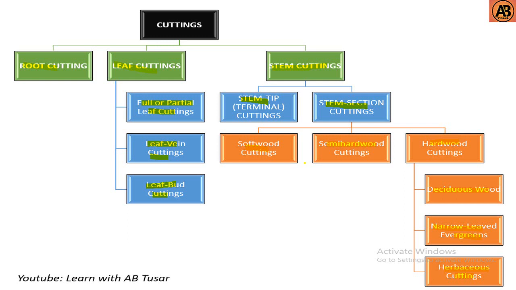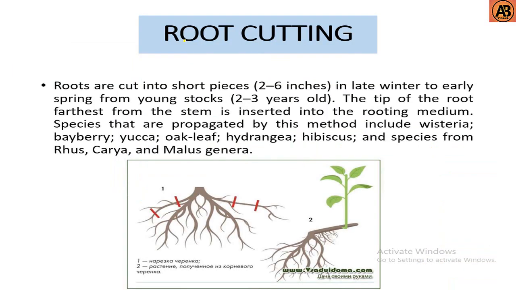So let's get started. First one is root cutting. Roots are cut into short pieces approximately 2 to 6 inches in late winter to early spring from young stock 2 to 3 years old. The tip of the root farthest from the stem is inserted into the rooting medium.